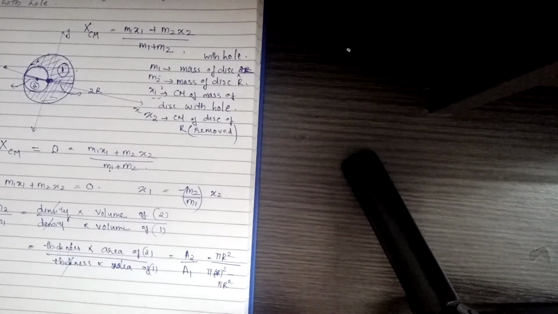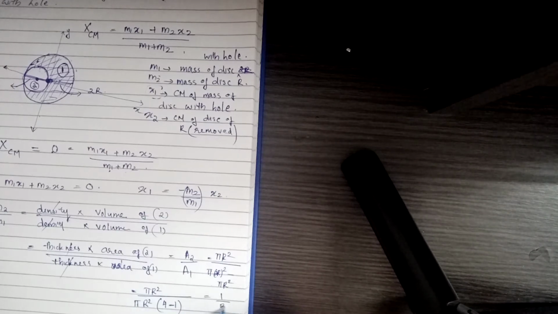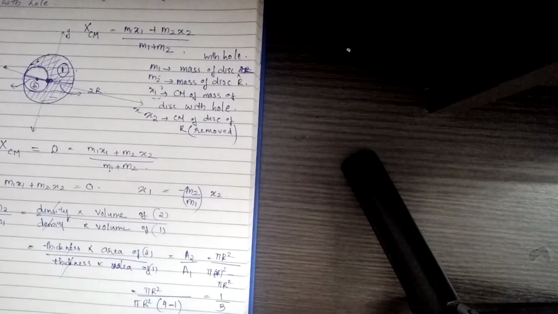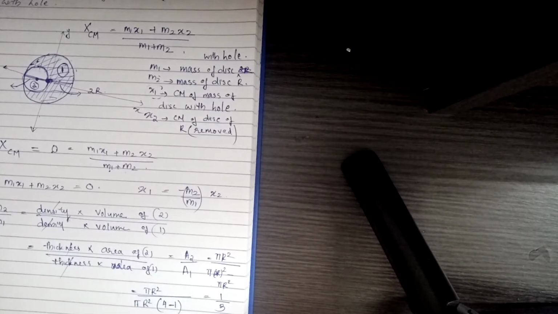When you do the calculation, you get pi r square divided by pi r square, which I can take outside, into 4 minus 1. So I'll get 1 by 3. A2 by A1 is 1 by 3.